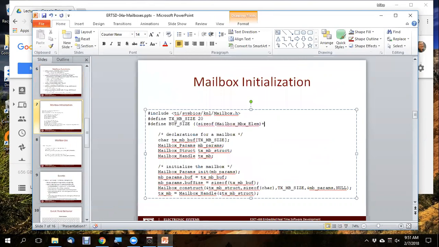Plus sizeof char times TX_MB_SIZE, and we're going to put this as buff size.